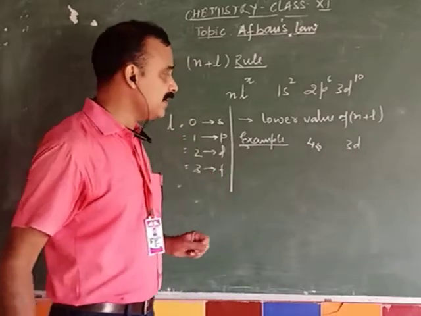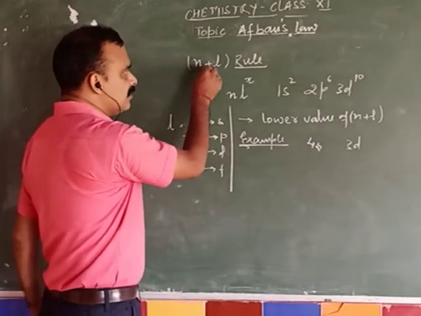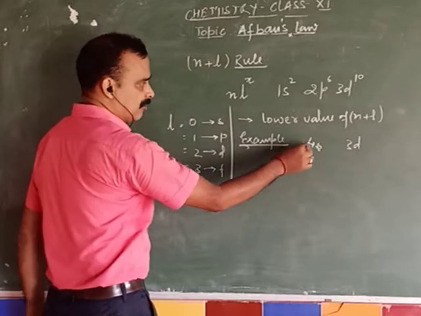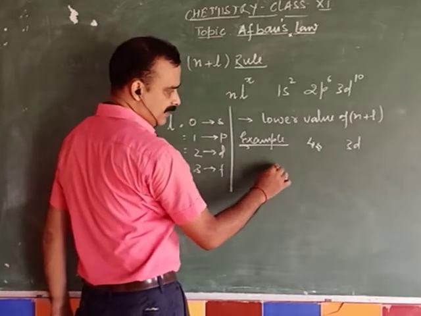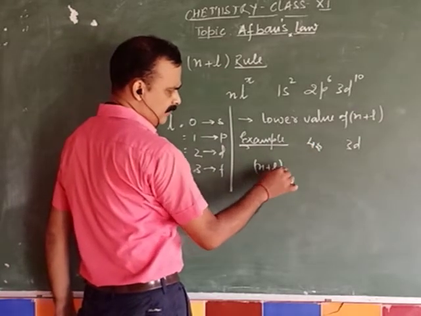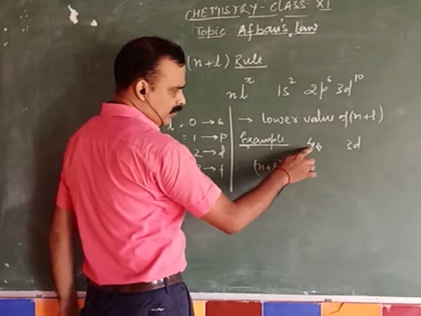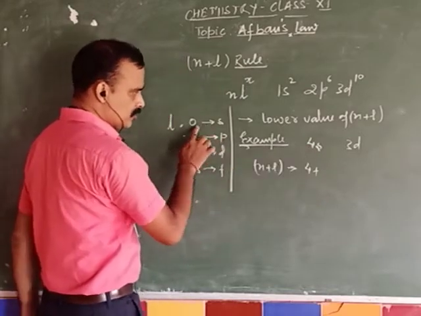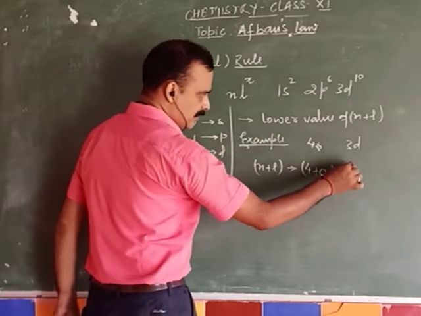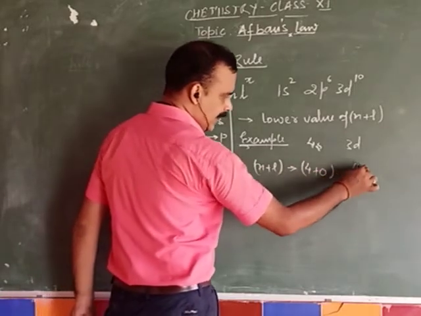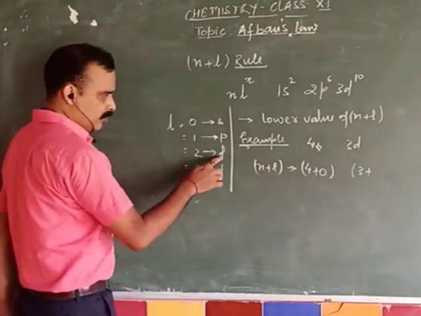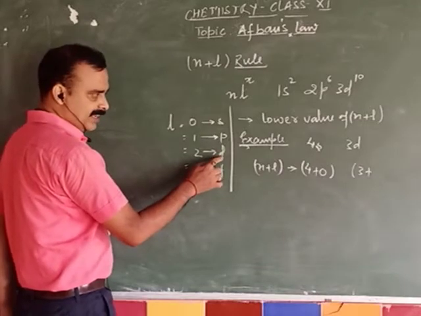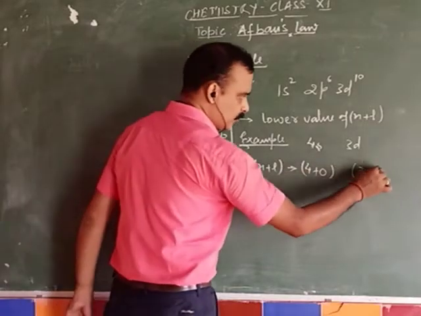What is the reason behind that? You can find the answer with the help of n plus l. Here the value of n is 4 and the value of l is equal to 0. Here the value of n is equal to 3 and the value of l is equal to 2, because it is d.